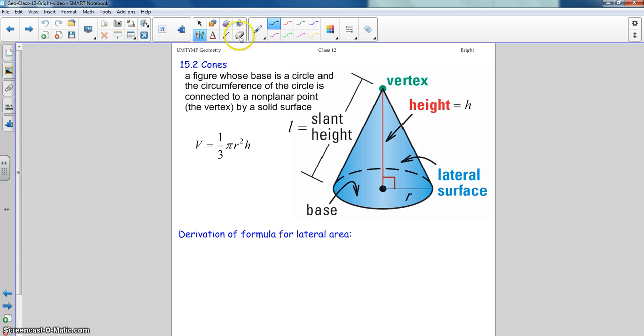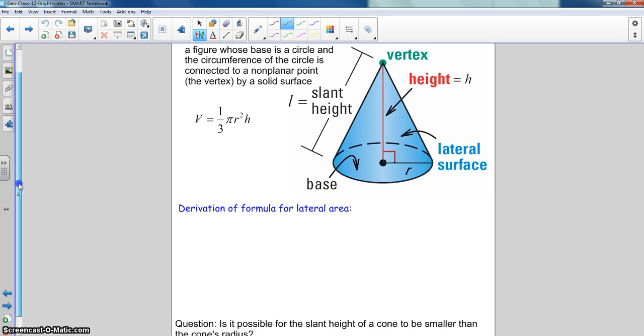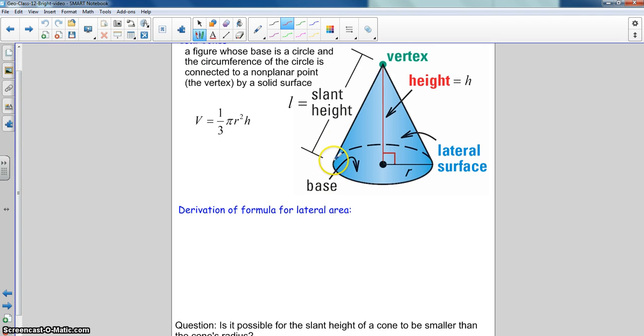So when we go ahead and find this, I first want you to imagine that you identify a point on the circumference, let's call it x, and we cut along this edge from this point to the vertex, which we'll call y.